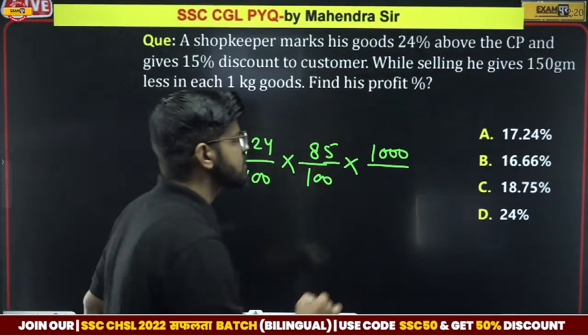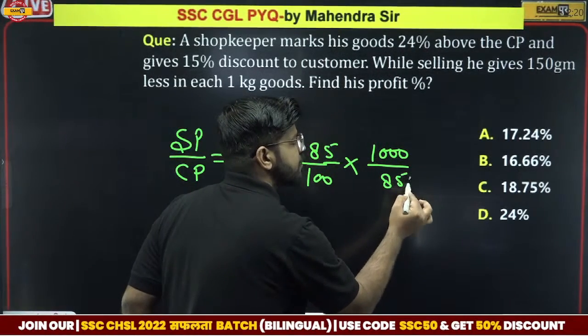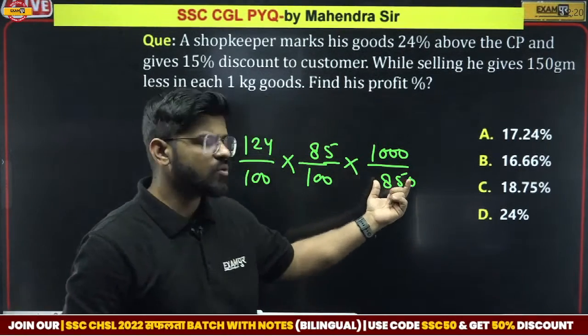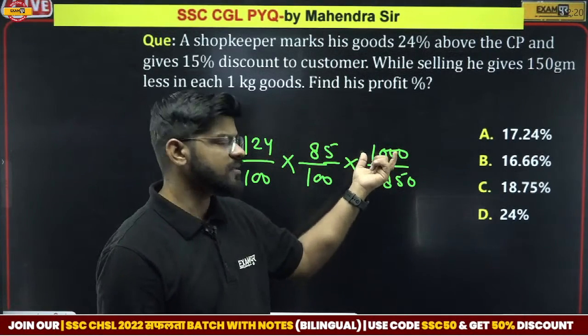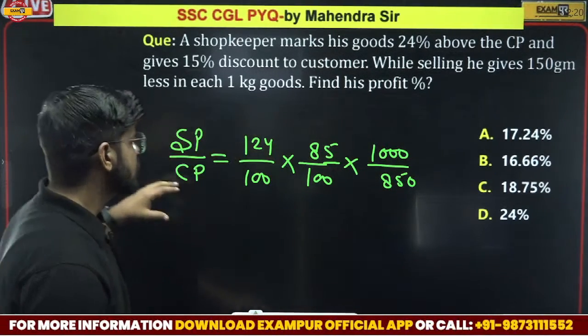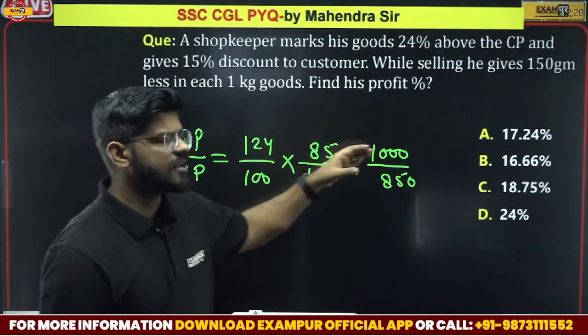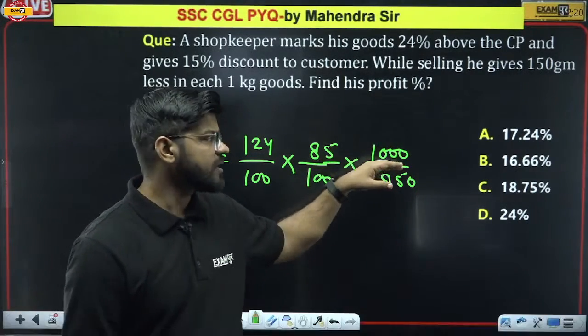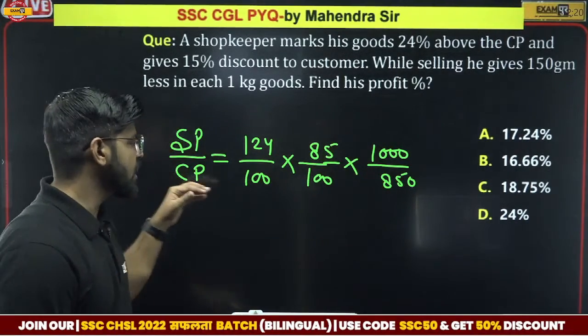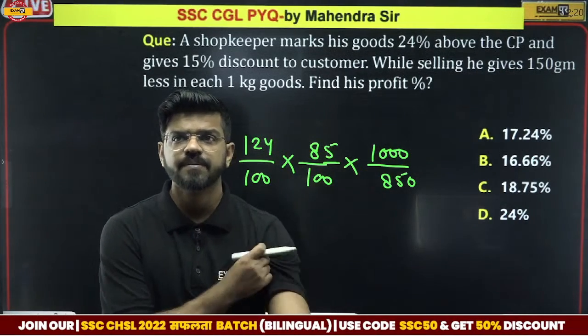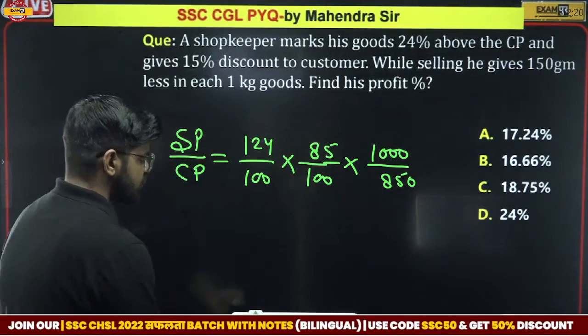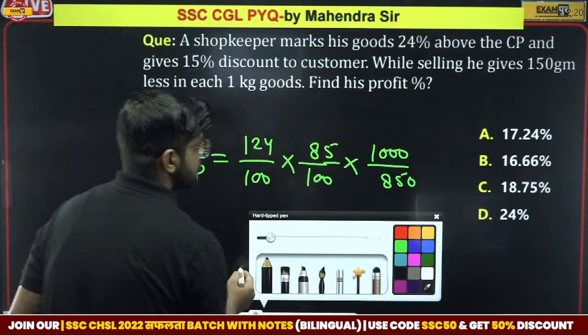That means he is giving 850 grams. So this is going out of my pocket and this is coming to my pocket. That's why I wrote SP as 1000 and CP as 850. Clear? Now solve this and you will get the answer.